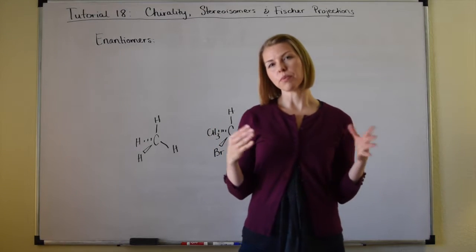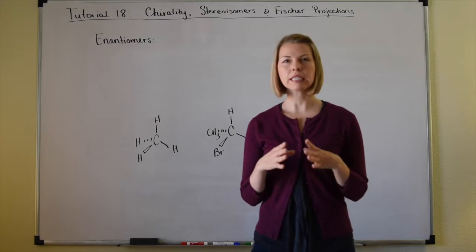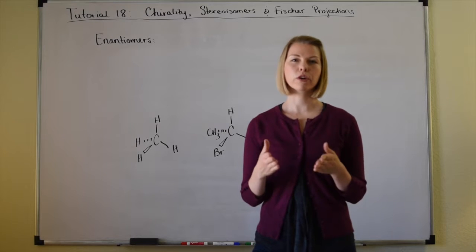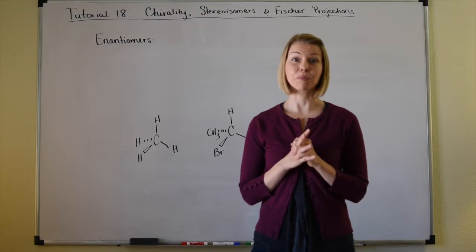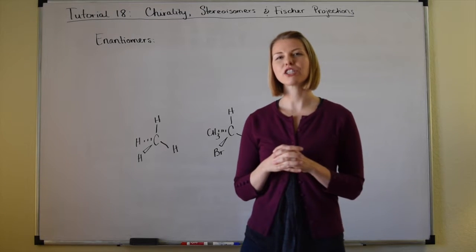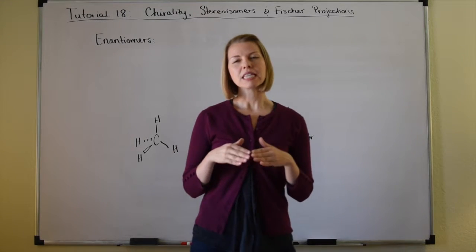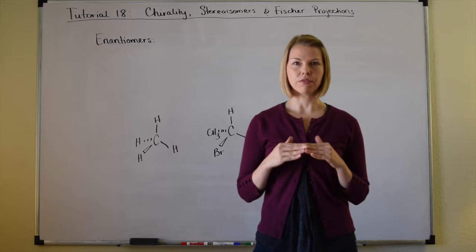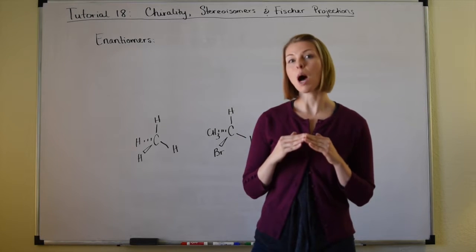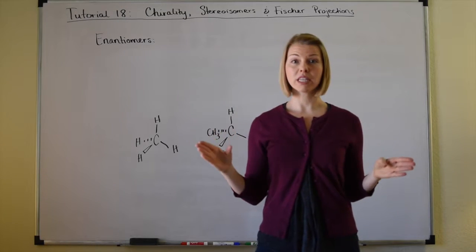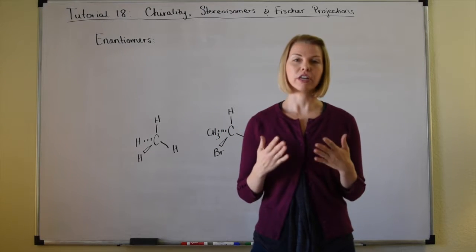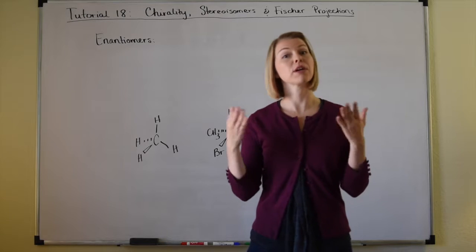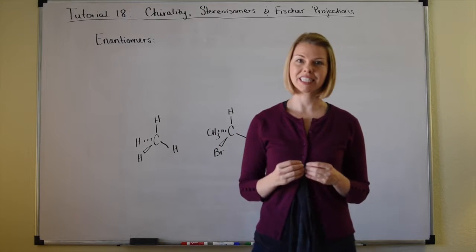So far, the examples that we've been using have been pretty simple molecules, but of course you're going to run into more complex problems. So what I'd like to do is introduce the simplest way that I know of to determine whether or not a molecule as a whole is chiral or achiral, and therefore whether or not it will exist as a pair of enantiomers.